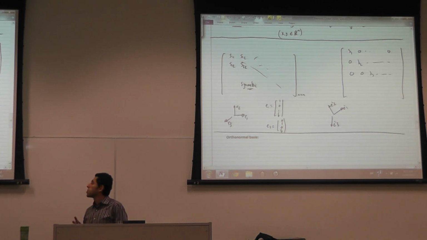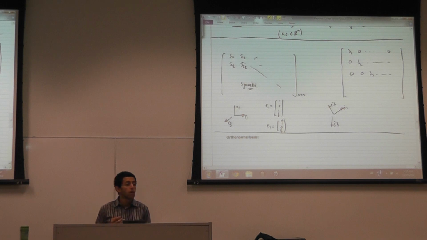Now, it would be much easier to solve if, instead of having a matrix that's full of numbers, I can have a matrix that's full of zeros and only the diagonal has numbers. So how to move from here to here, and what a basis set and an orthonormal basis set are, is important for us to understand how finite element analysis actually works.